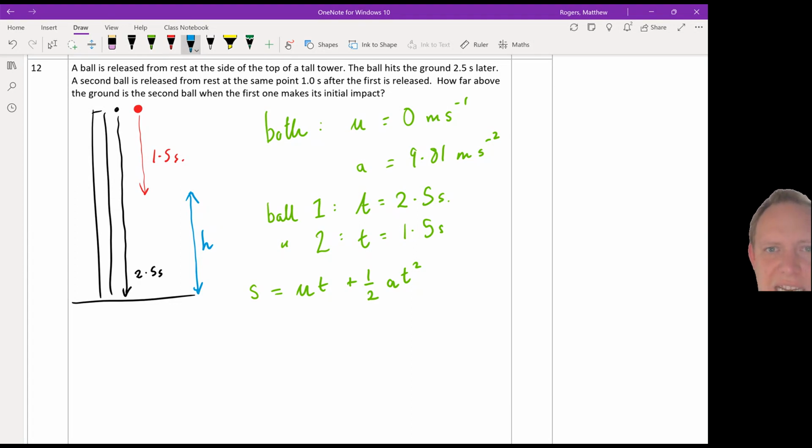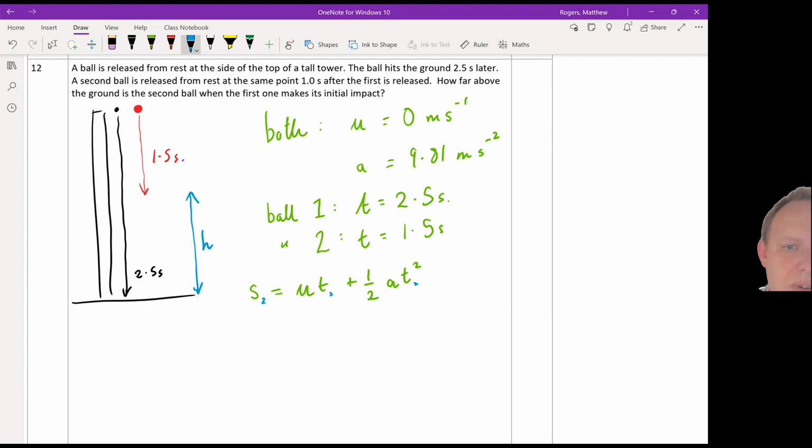Since we don't really need to know the height of the tower, we might say that we can work out our two values of S and find the difference between them. So for ball 1, this equation is true, provided we remember to use time 1 in these two places. For ball 2, this equation is still true, as long as we remember to use time 2 in these two places, then we get the displacement of ball 2.